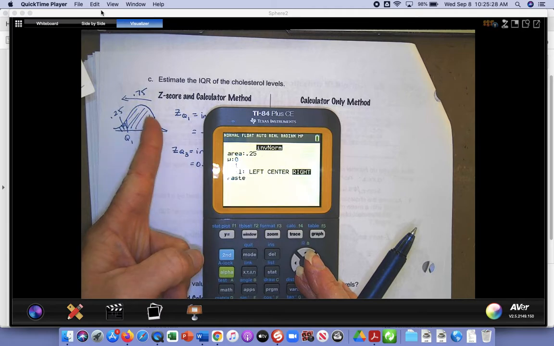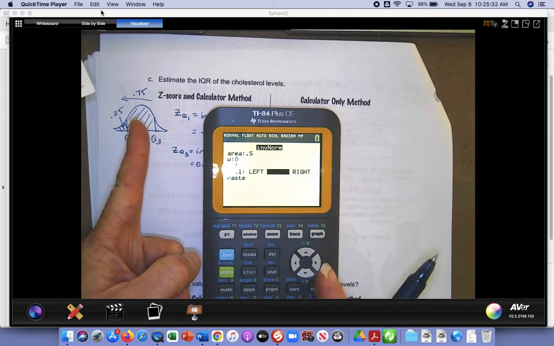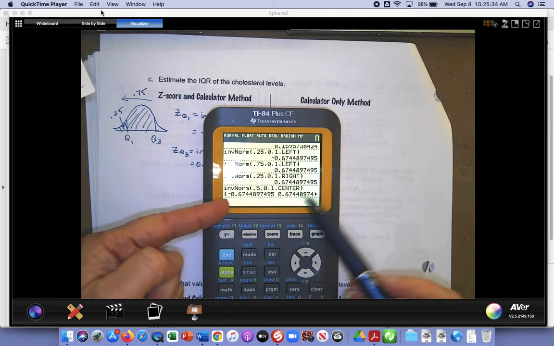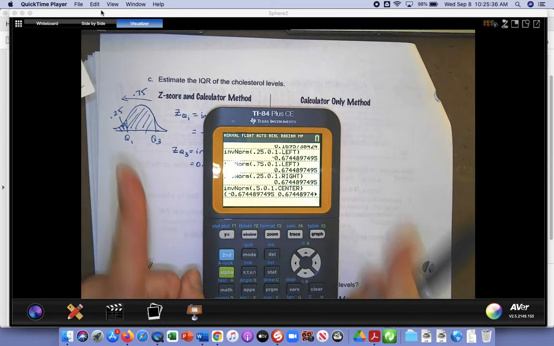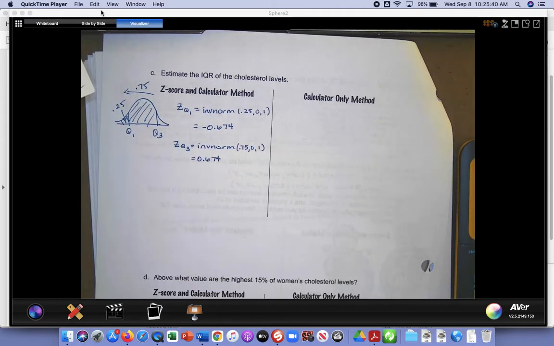So in this case, 0.75 minus 0.25 is 0.5. That'll give me both quartiles there. Again, my answers are always going to be to the left because that's what the old calculators do. So that's what you'll always see me do, something to the left.